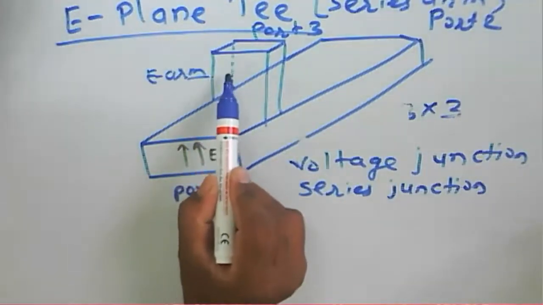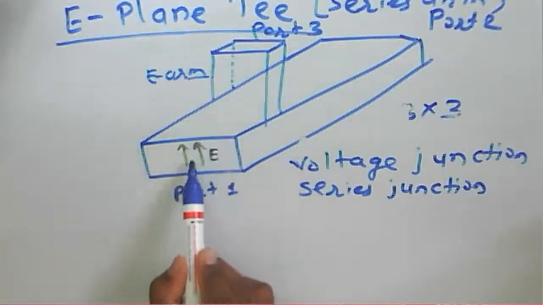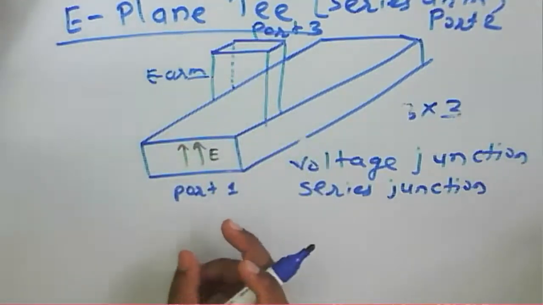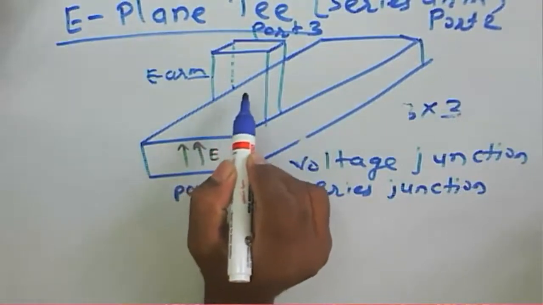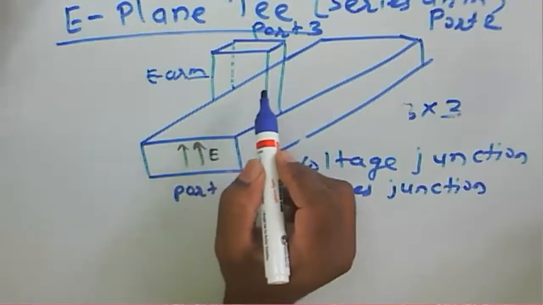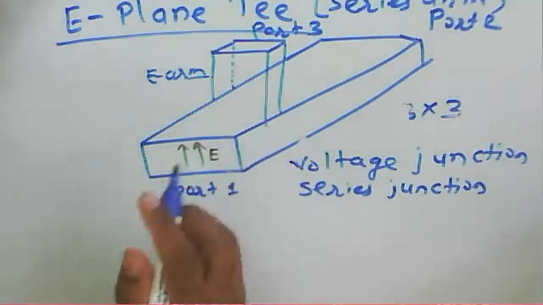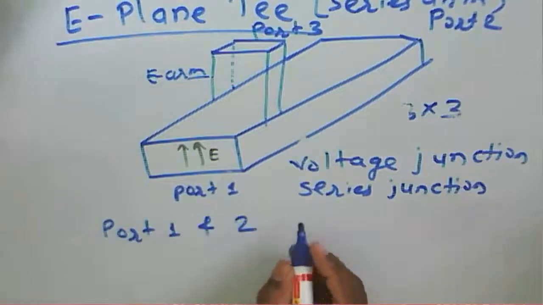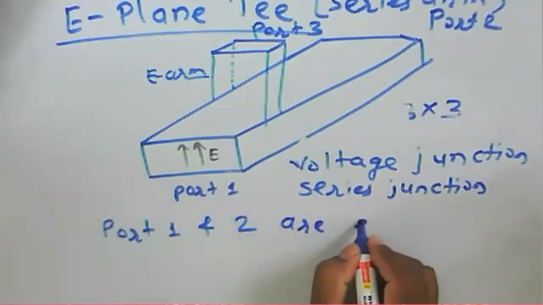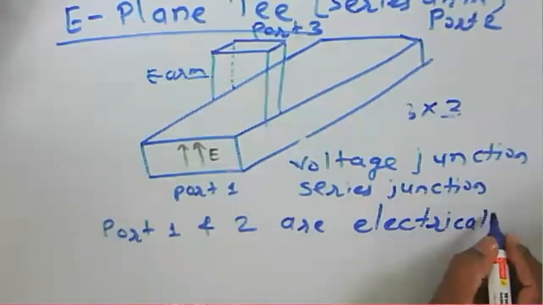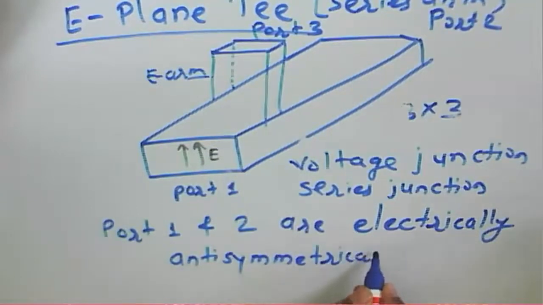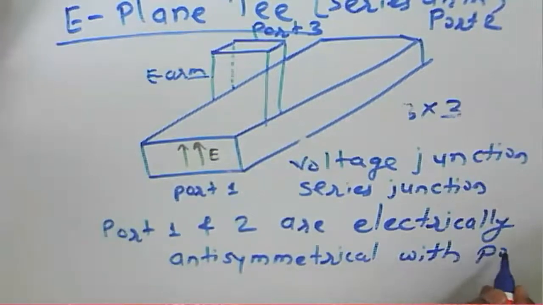That port, or this particular arm, is present in the E plane, so that's why it is called an E-plane T. Port 3 is perfectly matched to the given junction, so here we can say that port 1 and port 2 are electrically antisymmetrical with port 3.